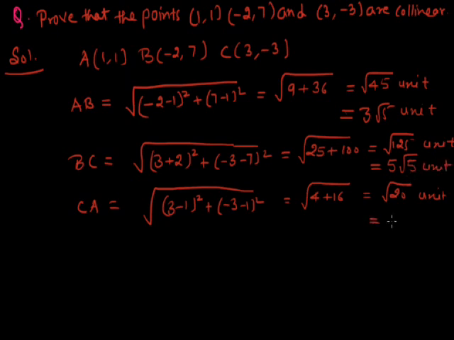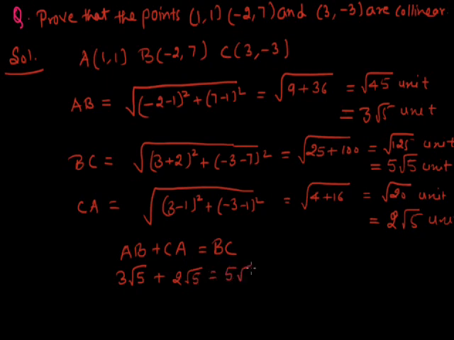And root 20 can also be written as 2 root 5 unit. Now it is clear, if we add AB and CA, then this will be equal to BC. AB is 3 root 5, CA is 2 root 5, and BC is equal to 5 root 5. Now 3 root 5 plus 2 root 5 is equal to 5 root 5. So 5 root 5 is equal to 5 root 5.